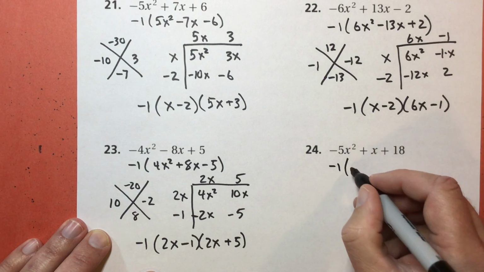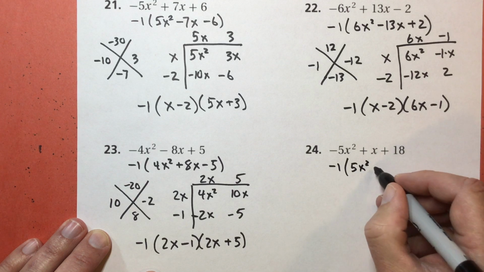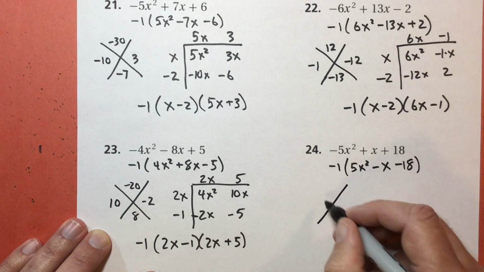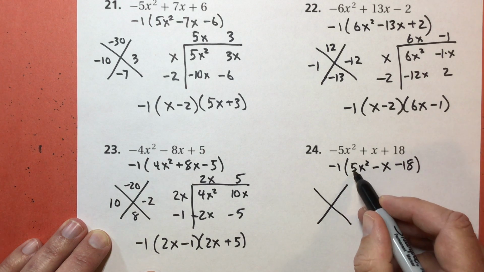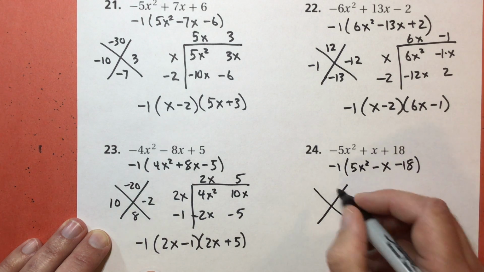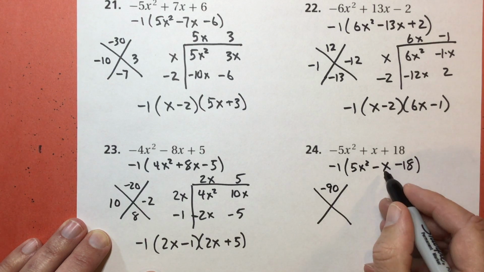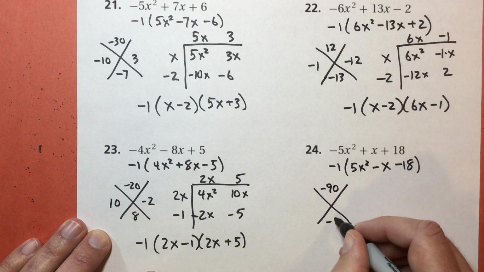Factoring out the negative 1 gives me positive 5x squared. Subtract x, subtract 18. 5 times negative 18 is negative 90. The negative x means that the b is negative 1.